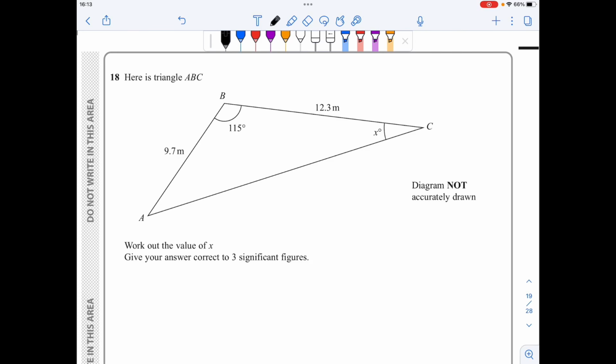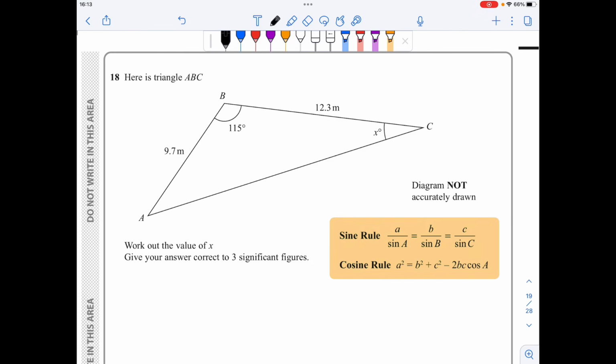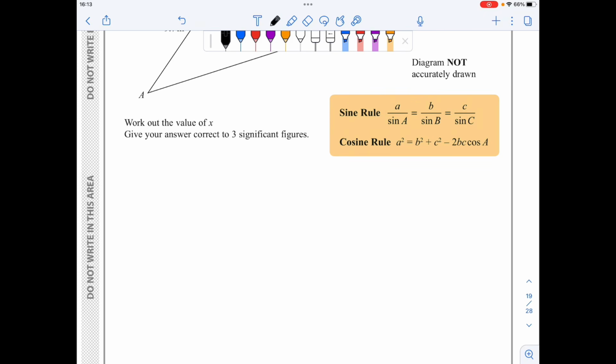For question 18, I'll have to use the cosine and sine rules. First, I'll use the cosine rule to find the side AC, and then once I find AC, I'll use the sine rule to find angle X. So let's begin.